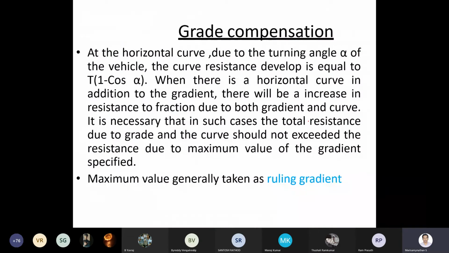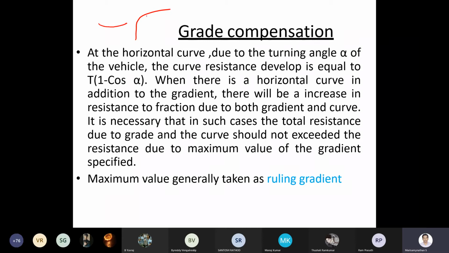In continuation of that, one more thing is there, the grade compensation. In the horizontal curve, due to the turning angle of the vehicle, the curve resistance developed is equal to T into (1 minus cos alpha). Just imagine that one horizontal curve is there, which is the turning.